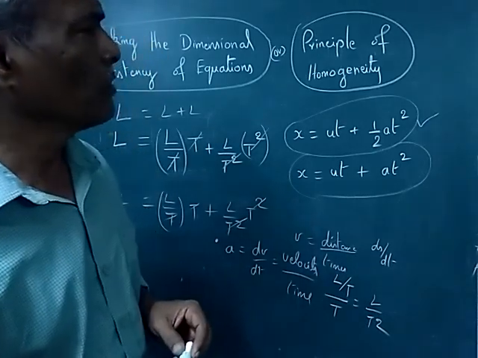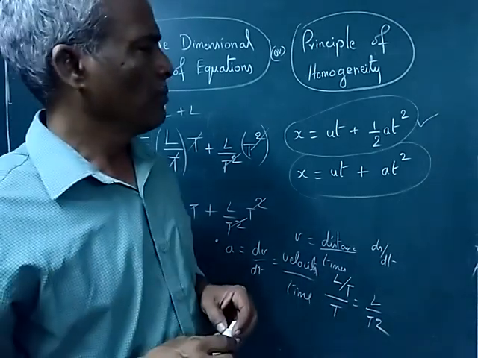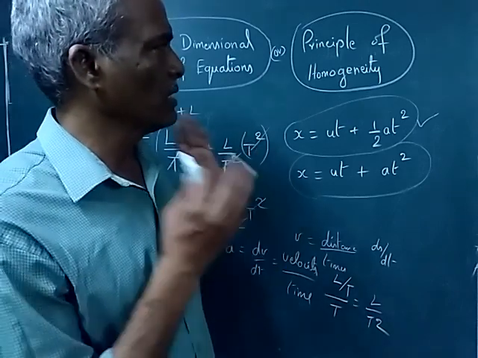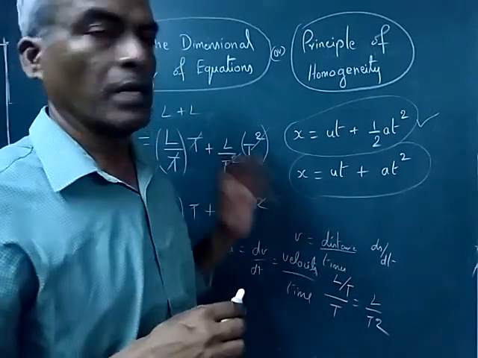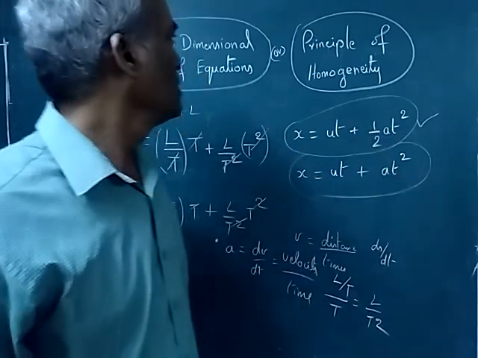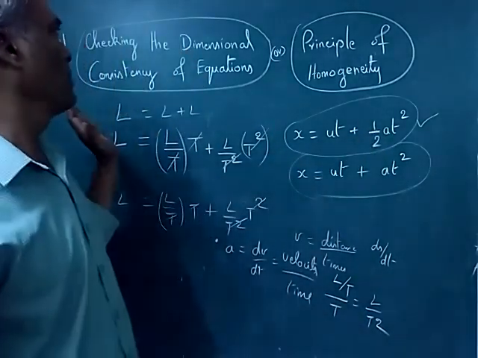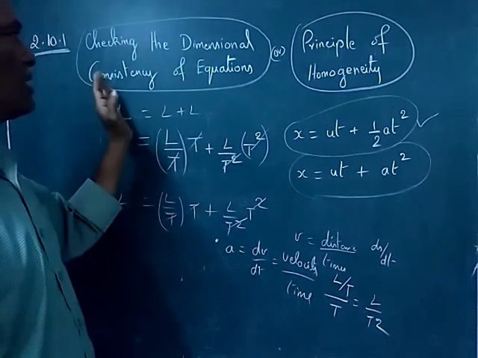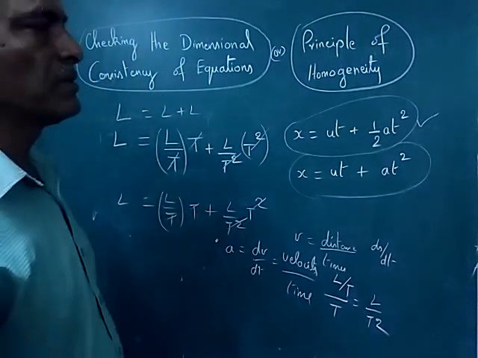That is the principle of homogeneity. By looking at the equation, you cannot just say okay both are equal like that. So there is a difference. We have half here. So this is the way we will check the dimensional consistency of equations.